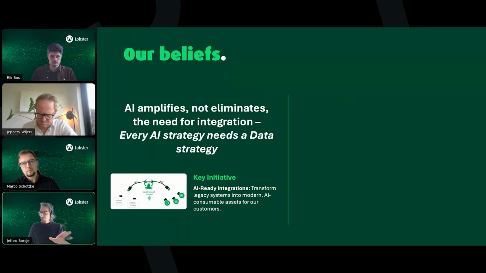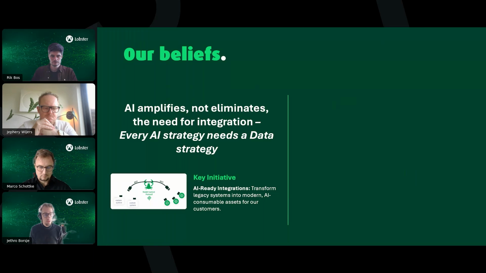But we got questions from many of you about how does Lobster feel about AI and what's our direction. So I wanted to share with you that we have two fundamental beliefs which we use to underpin our product strategy. The first one is that we believe that AI is a real opportunity for all of us, including our partners, because from our point of view, AI amplifies and not eliminates the need for data integration. So every customer who wants to do something with AI needs to first have a solid data strategy in place.